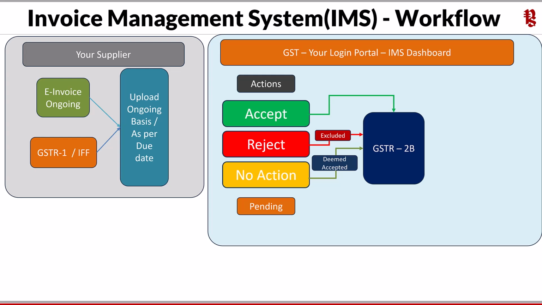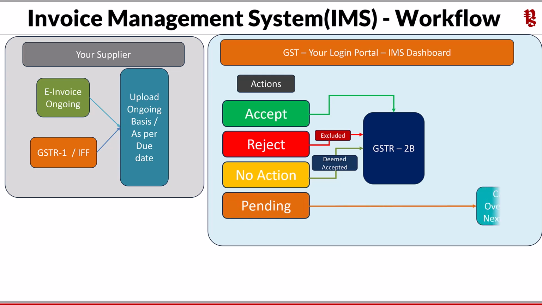As of today, if you have not taken any action on your IMS dashboard on the portal, it amounts to no action, and all the bills which are reflecting on the IMS dashboard will be treated as eligible and will reflect in your return 2B. The next action, pending. Again, I gave a use case scenario earlier for this action.